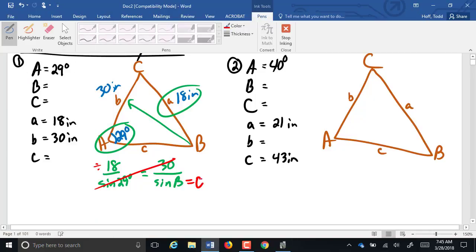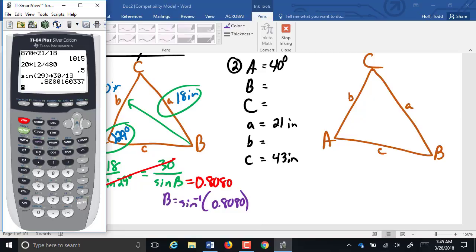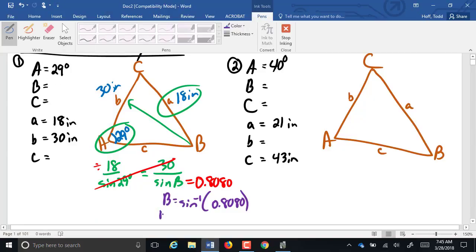That is the sine of B. So to find B, we have to do an inverse sine of that number. And again, to avoid round off errors, I keep it in my calculator. I do second sine, second answer. And we get 53.90. So B is 53.90 degrees.